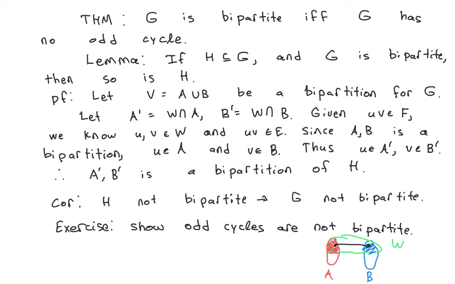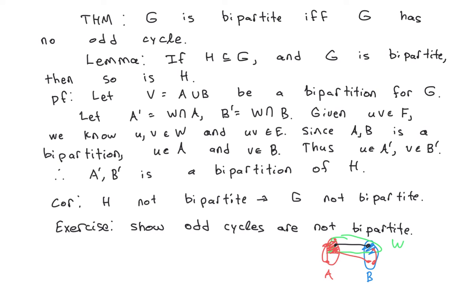Other ways of drawing the picture would be wrong. So the only way to draw an edge in W is like that, which means the edge goes from A prime to B prime. Thus, A prime, B prime is a bipartition of H.